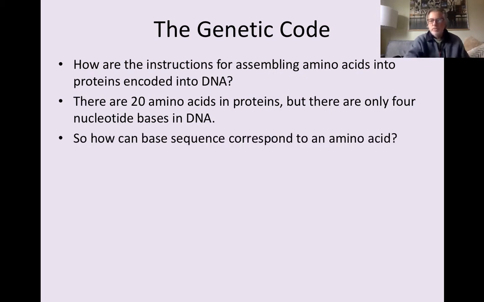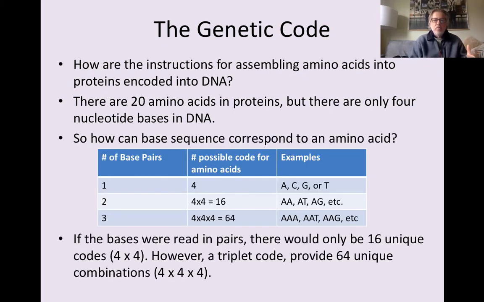That's our question. If the bases are read one at a time, A, C, G, or T, that would only provide for 4 codes, but we need 20 codes for each of the amino acids, so that doesn't work. If the bases were read 2 at a time, so for example AA, AT, AG, AC, etc., there would only be 16 possible codes.